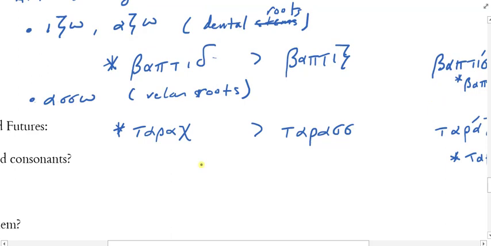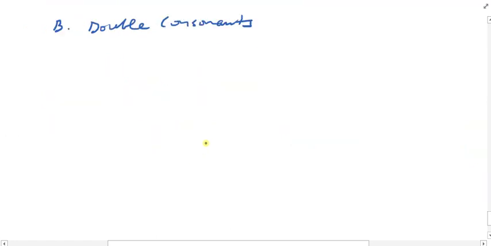Now, let's look at the next example here. So, okay, so what are our double consonant verbs? Well, these are verbs like ballo, okay? I throw, ballo, okay? And compare that with the real verbal root, bal, all right?